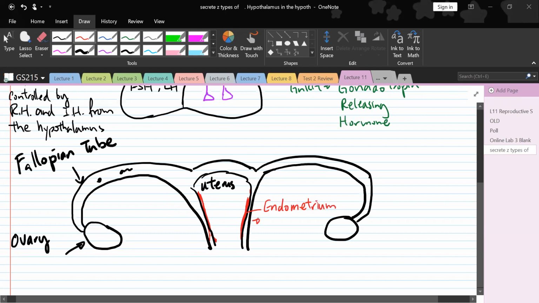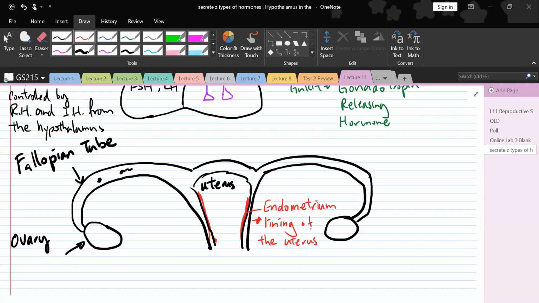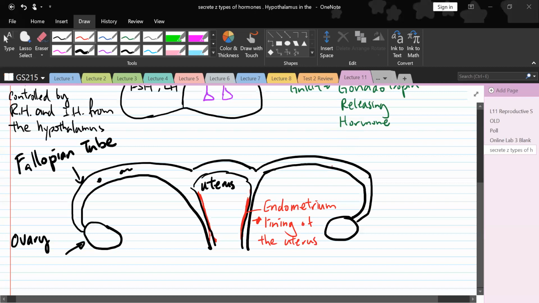That is the lining of the uterus. And the thickness of the endometrium is going to change in the presence of estrogen and progesterone. Okay, we're going to come back to that later on. All right, so let me just write a few more things here.